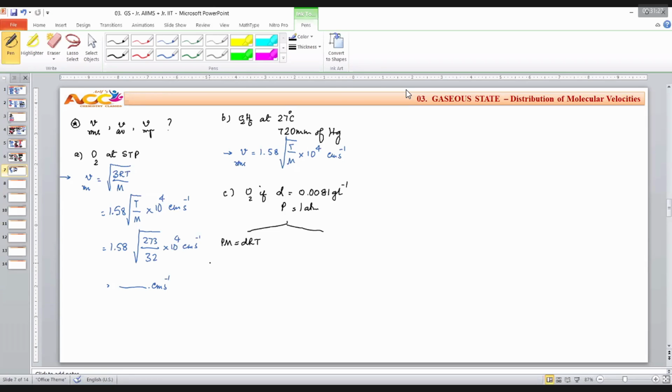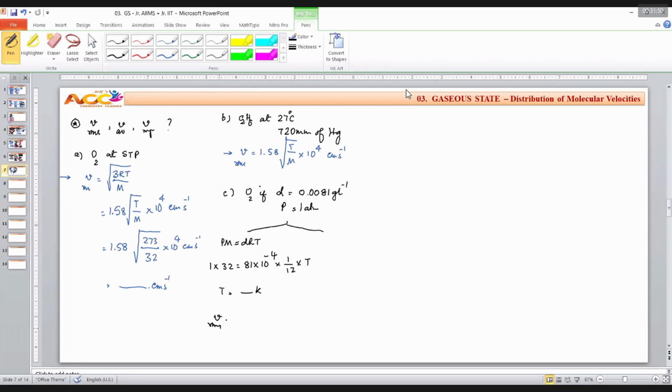I know the value of pressure. I know the value of molecular mass. I know the density in CGS system. Very good, 81 into 10 power minus 4. I know the value of R, and temperature is to be found. When we are discussing this, we can find out the value of temperature. Sir, I got it. Once you get temperature in kelvins, then same story.